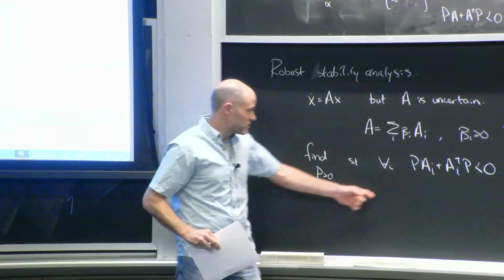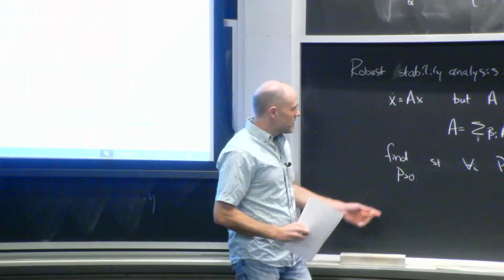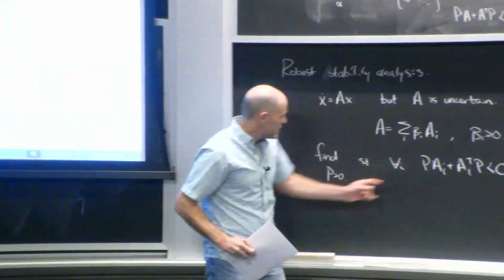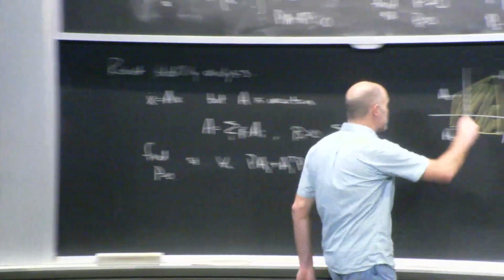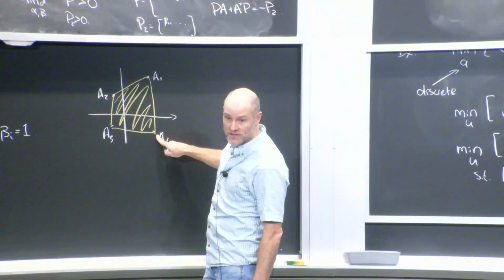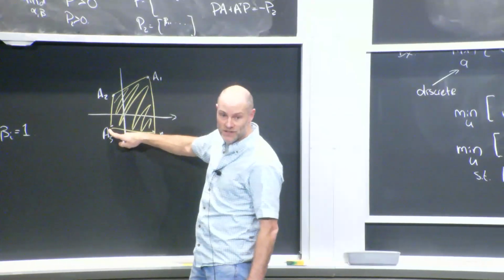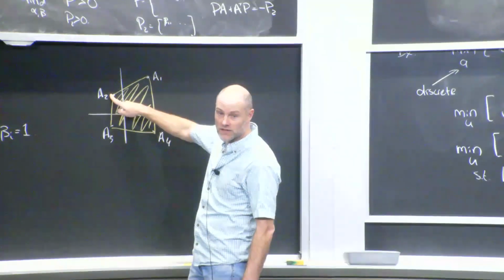These are all just semi-definite constraints. But what's cool is this says I found a single Lyapunov function that, if my system is this system, it's going downhill. If it's this system, the system's going downhill. If it's this system, it's going downhill. For all of the points on the convex hull.